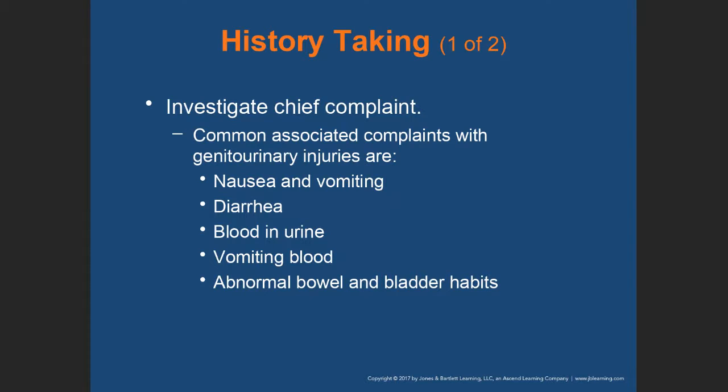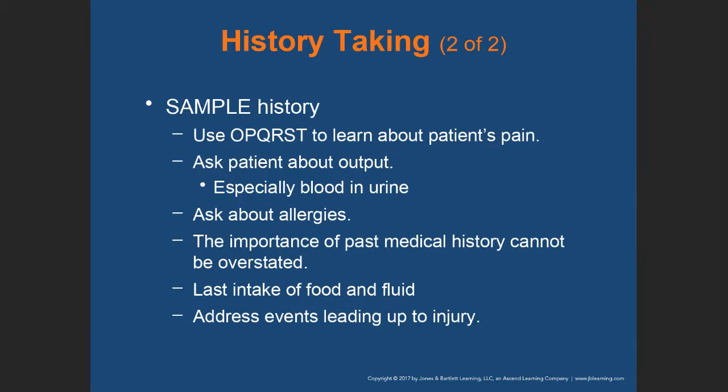Investigate the chief complaint. Common associated complaints with genitourinary injuries are nausea and vomiting, diarrhea, blood in the urine, vomiting blood, and abnormal bowel and bladder habits. You're going to obtain a SAMPLE history.